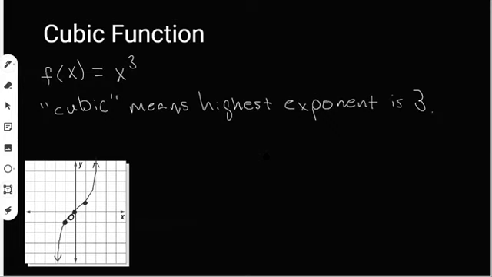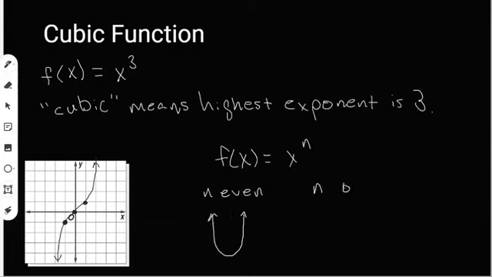Now, you can keep on going up by exponent, right? So we started off with x, we went to x squared, we went to x cubed. You could go x to the 4th power, you could go x to the 5th power. Really, any positive integer you can do, right? So if you have f of x equals x to the n power, if n is even, your function is going to look like this. It's basically just going to be a U shape.